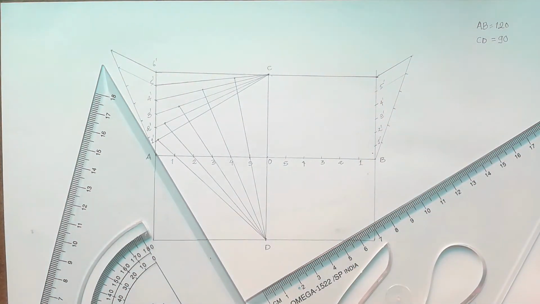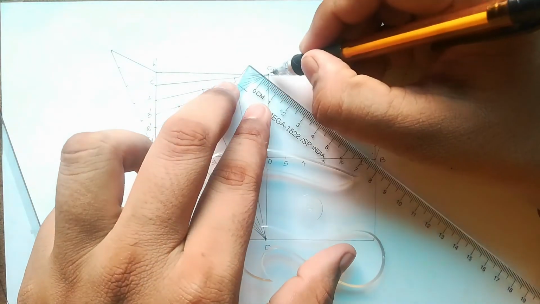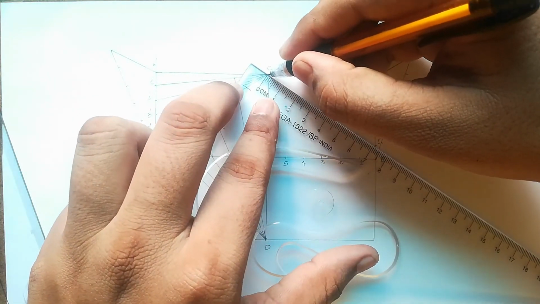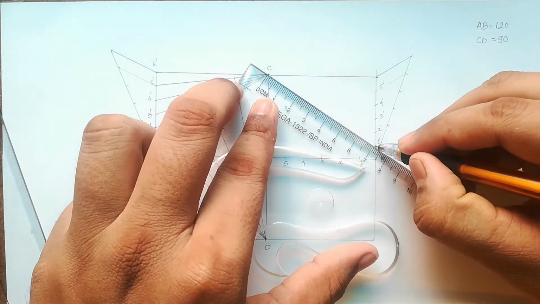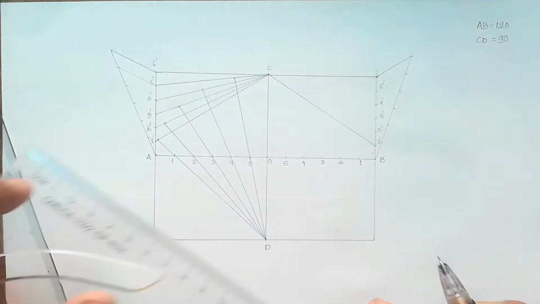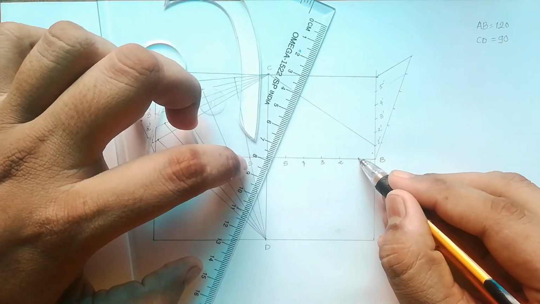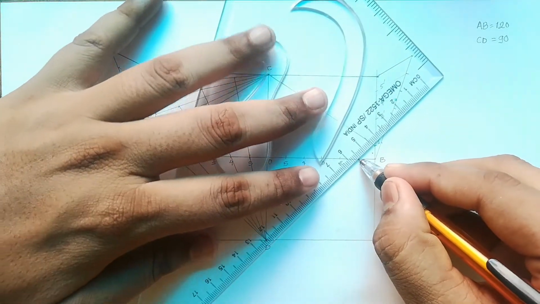Now, once again I will repeat the steps. From point C, I connect 1 dash. From point D, I have to create one line that passes through point 1 available over here.